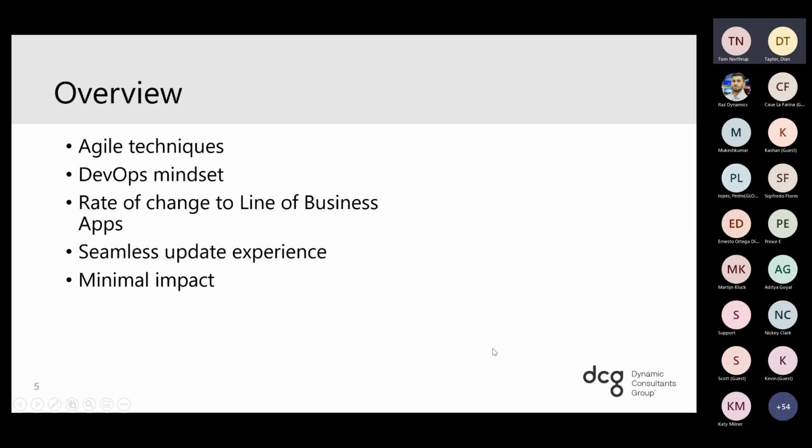What's happening in the industry, inside technology, is that agile has become more common, and people are expecting more rapid deployment or a rapid response to user demands. Also, we've pulled into the Dynamics community some developers who have an Azure DevOps mindset, where they want to control code.